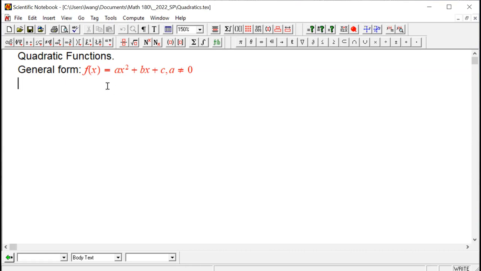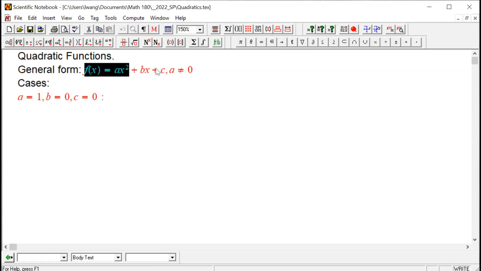So a quadratic function basically is a trinomial that we have learned in polynomials. We have definitely studied some very special cases, right? Let's look at these cases. The first case could be a equals 1, b equals 0, c equals 0.